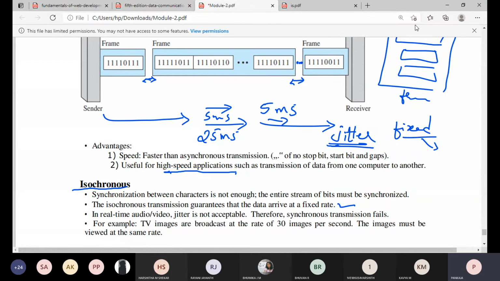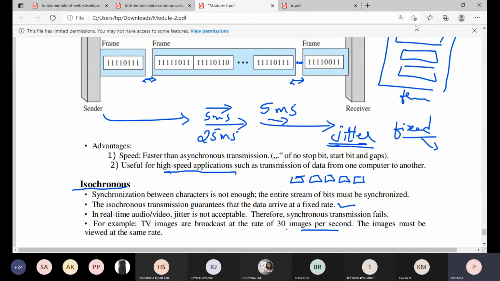It is mainly applicable for audio and video. If it is text, even if there is some delay, it is still acceptable. For example, TV images are broadcast at a rate of 30 images per second. That means, video is nothing but a series of frames or images.